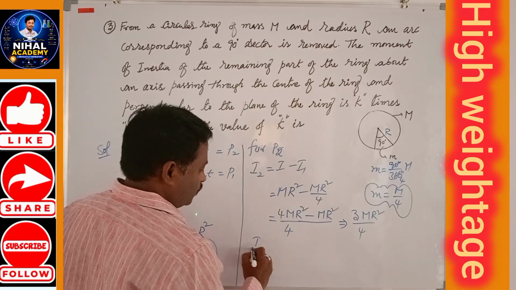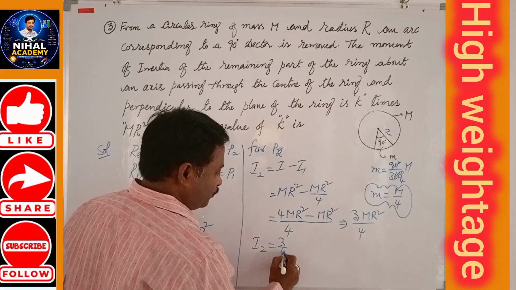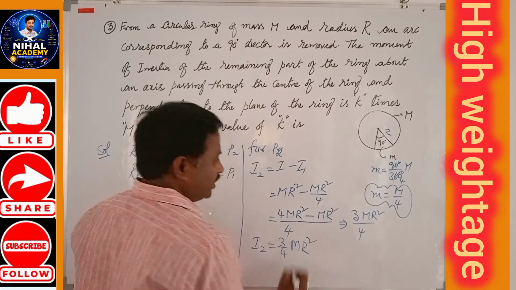So now we got I2 is equal to 3 by 4 MR square.